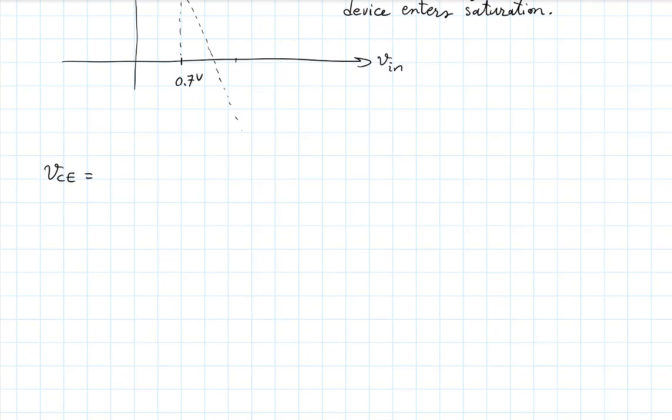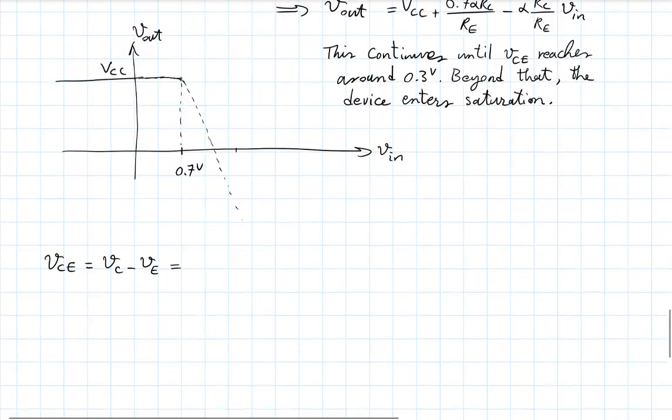VCE is VC minus VE. And VC is the same as Vout, is what we have up there.